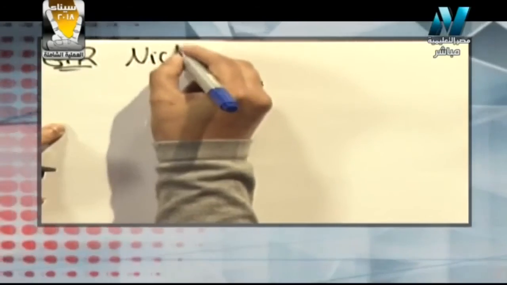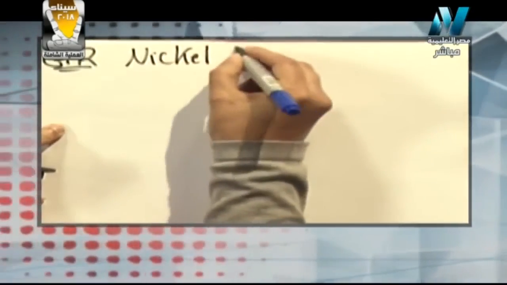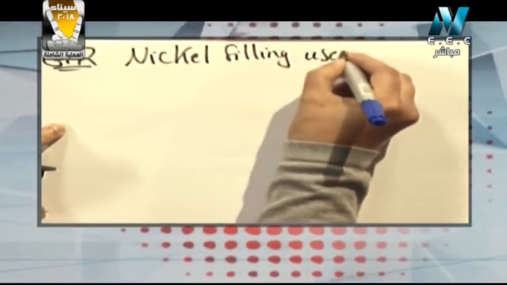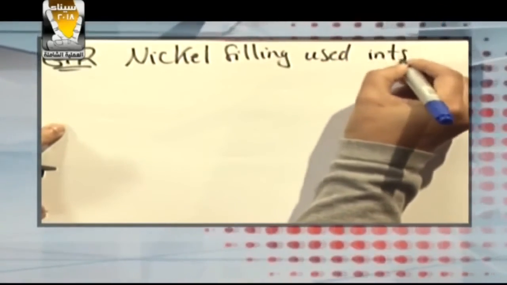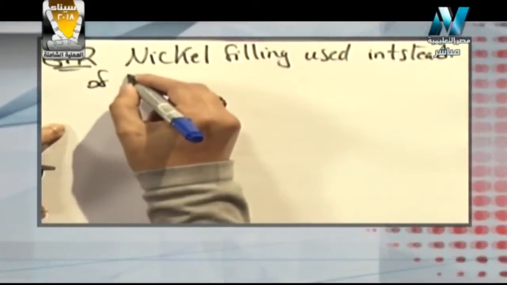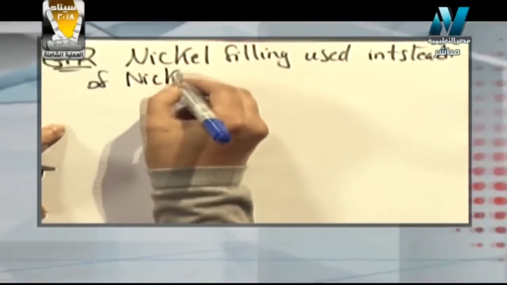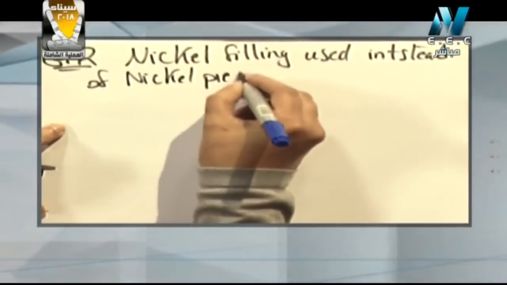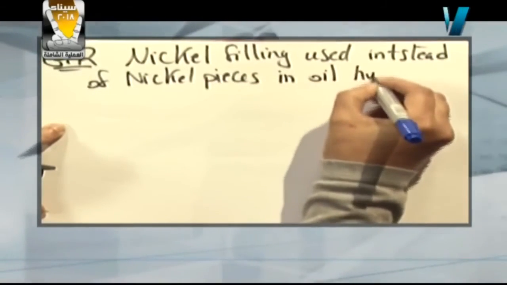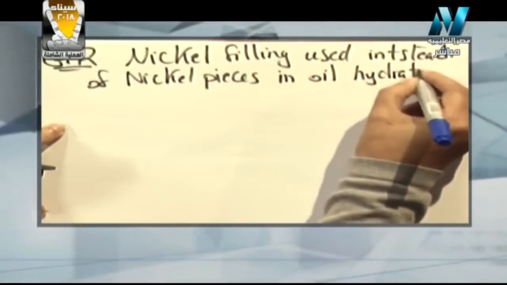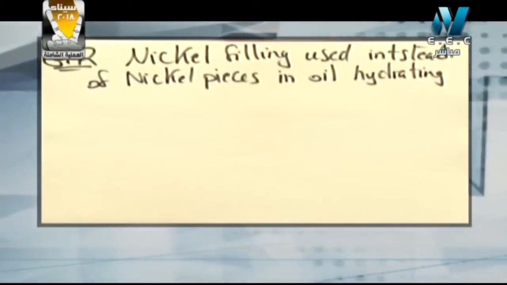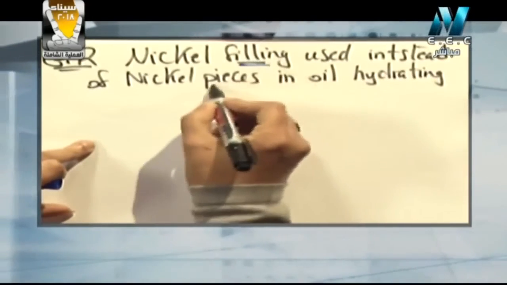Nickel fillings are used instead of nickel pieces in oil hydrogenation. This is why we said to look at the question. This is fillings and this is pieces.